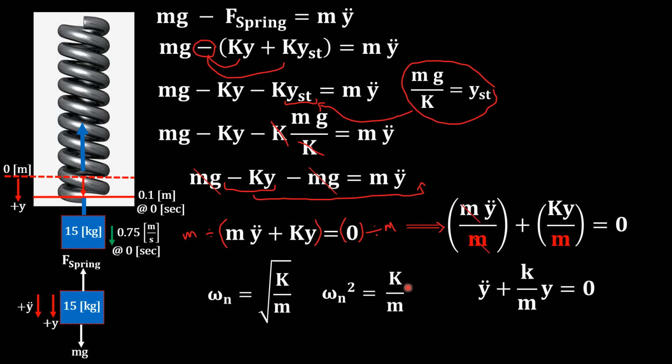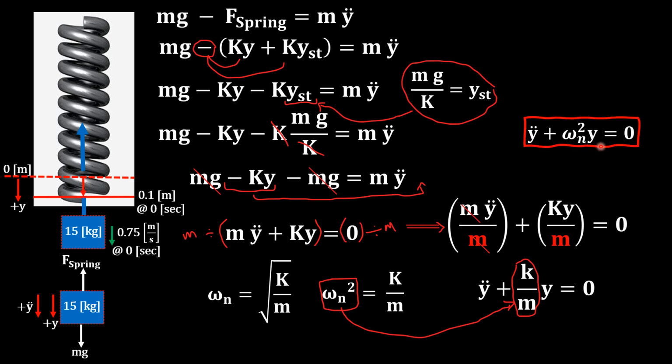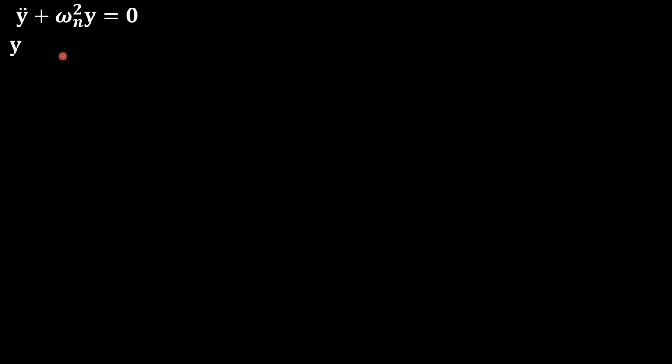And here, just as a reminder, the natural frequency is the square root of k over m. We take the square of both sides to get rid of the square root. So we'll get the natural frequency squared equals k over m. So now we can take this natural frequency and replace it in here. So that will give us acceleration plus the natural frequency squared times y equal to 0. So again, this is your differential equation.